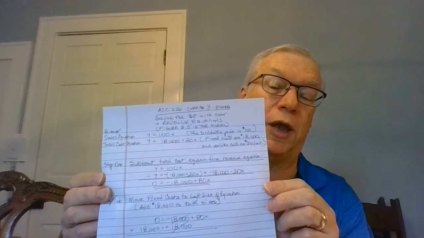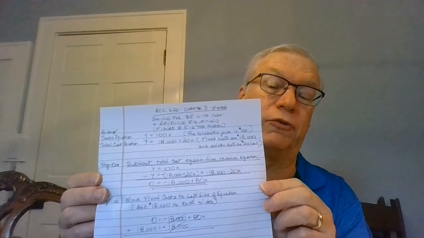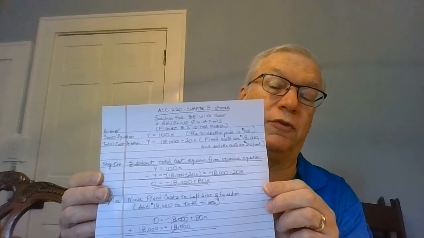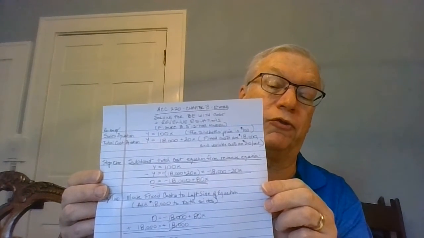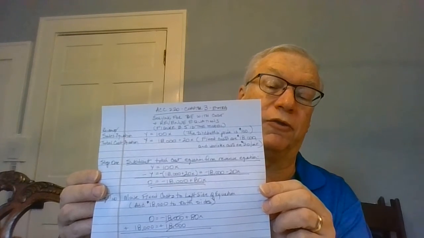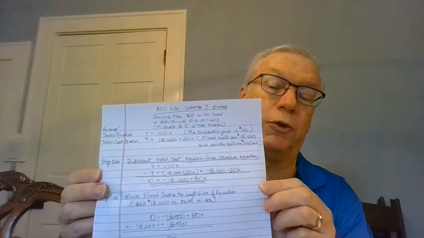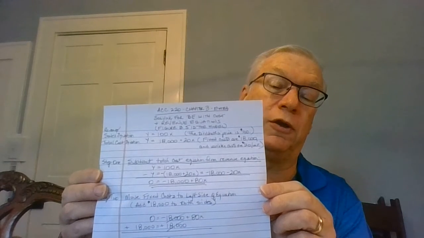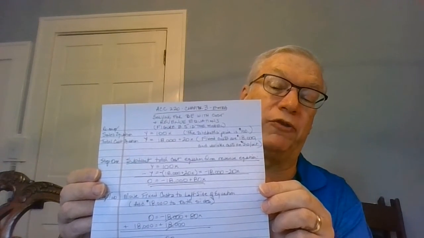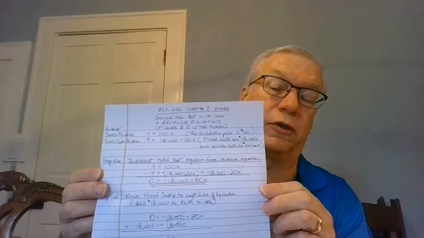So I put parentheses around 18,000 plus 20x to show that the negative sign is going to go to both of those terms, and then I show that it equals minus 18,000 minus 20x. When you do the subtraction on the right side, you get 0 equals minus 18,000 plus 80x.